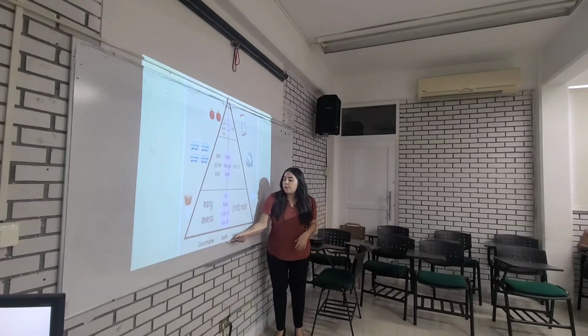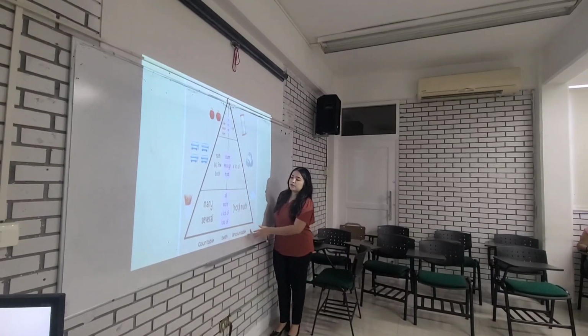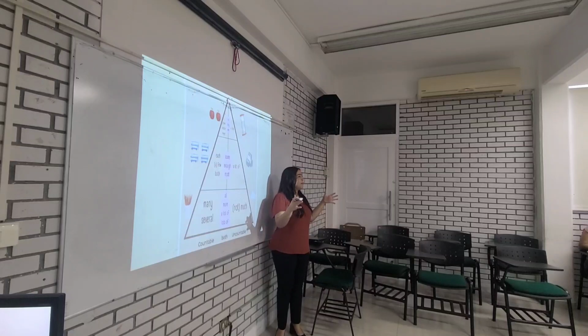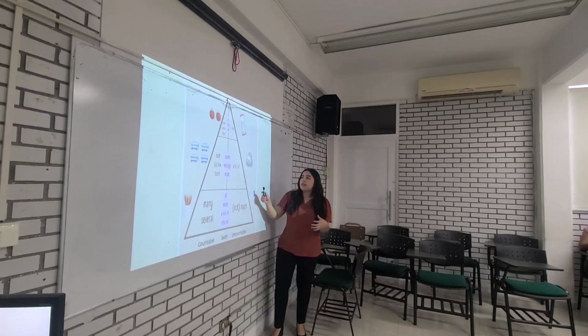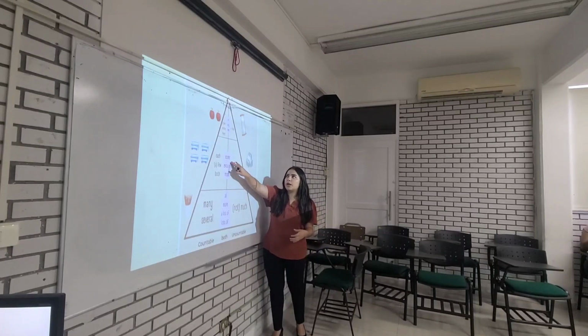And then I have the quantifiers that can be used with countable and uncountable nouns: lots of, a lot of, more, all, okay? They represent big amounts, a lot of something. In the middle, I have most, enough, or some.